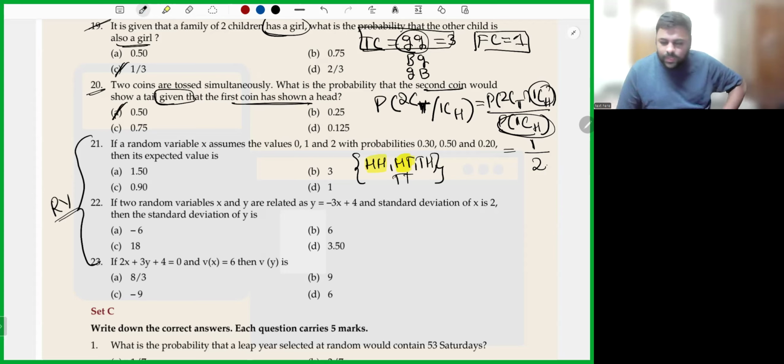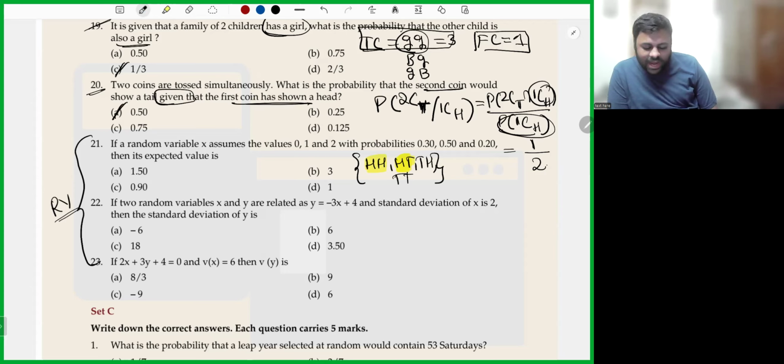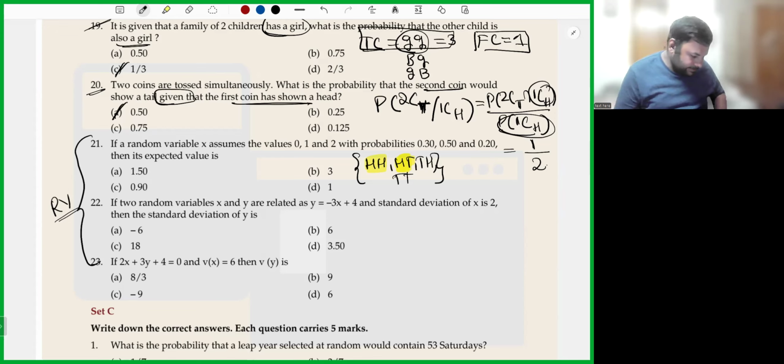So 1 by 2, 0.5. Understand it carefully. He's telling second coin has shown a tail by first coin has shown a head. So A intersection B divided by B. In how many cases first coin has shown a head, head, tail? So 2. Okay.